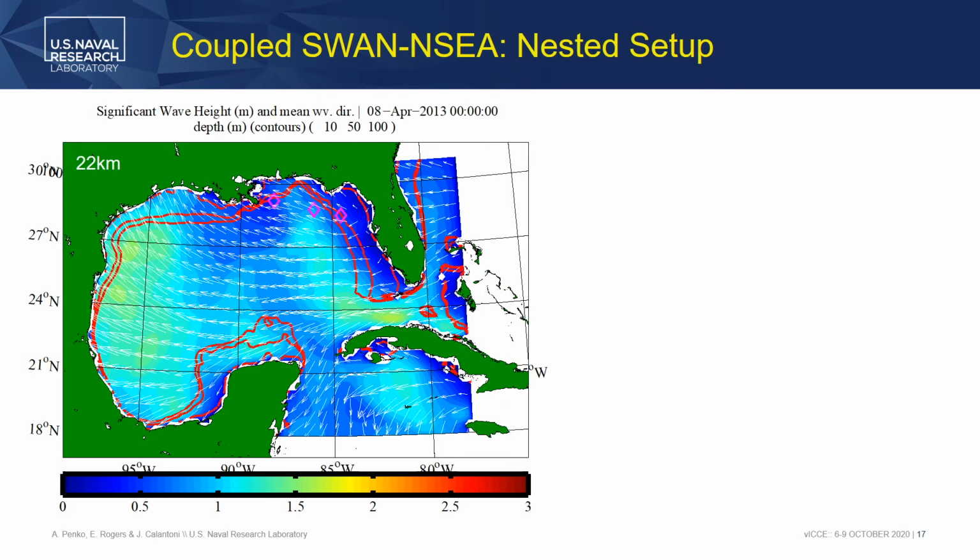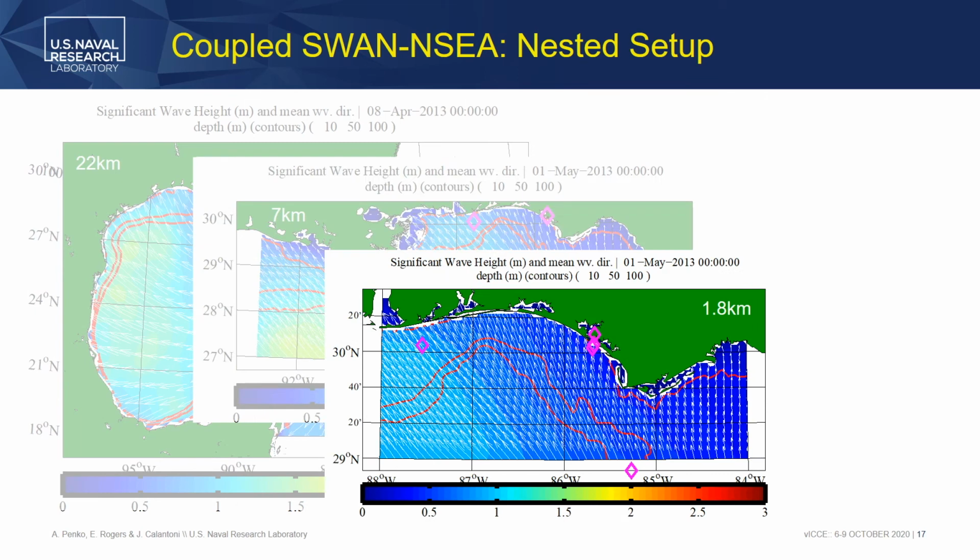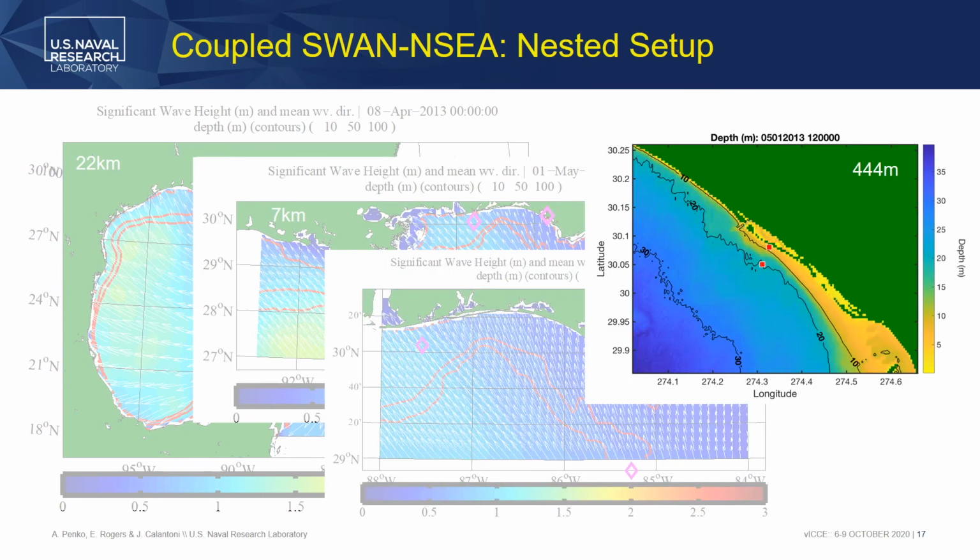We run the coupled SWAN NC model using a nested setup. So we start with a 22 kilometer resolution SWAN run, and then we nest all the way down to 444 meters. And it's within this 444 meter resolution domain that we run the coupled SWAN NC. And you can see the 2 red points where we have our quad pods.